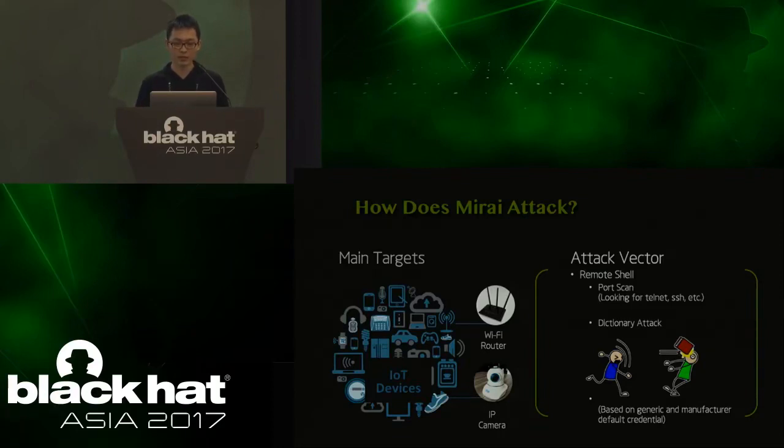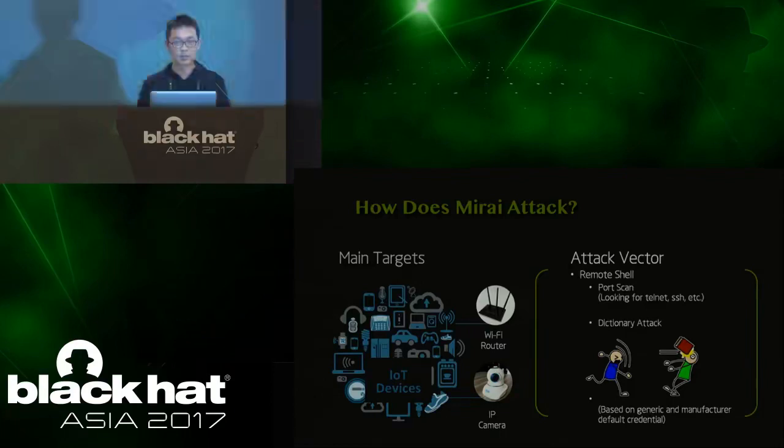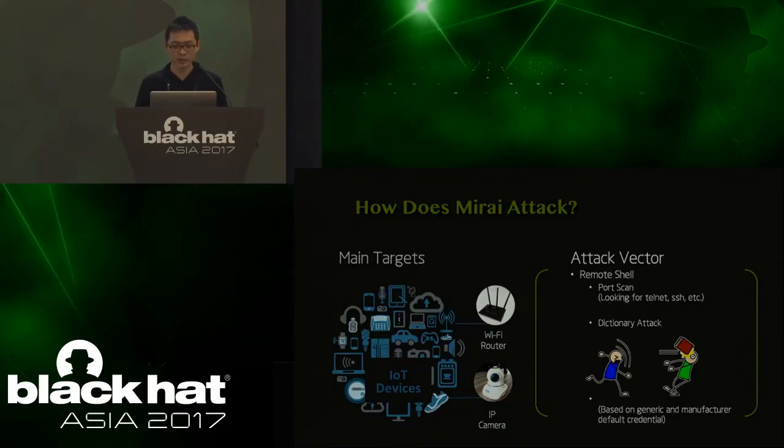It only uses remote shell to compromise the target. Firstly, it attempts to connect to the telnet or SSH service, and then, if authentication is required, it will try generic weak passwords and the manufacturers' default credentials in its dictionary.